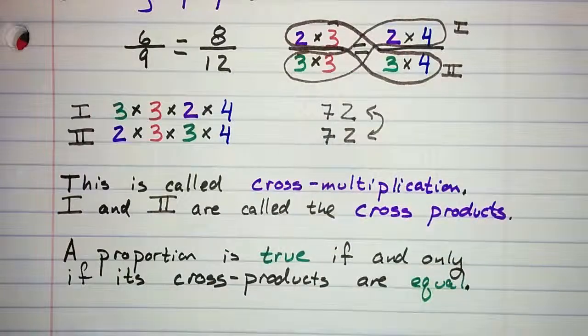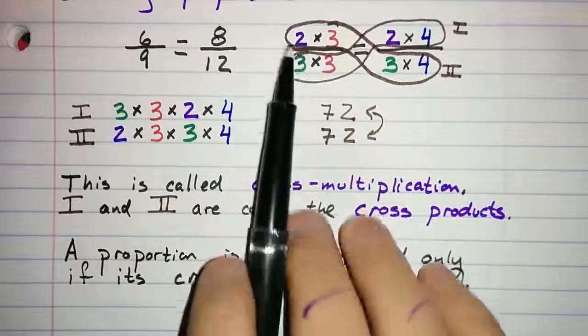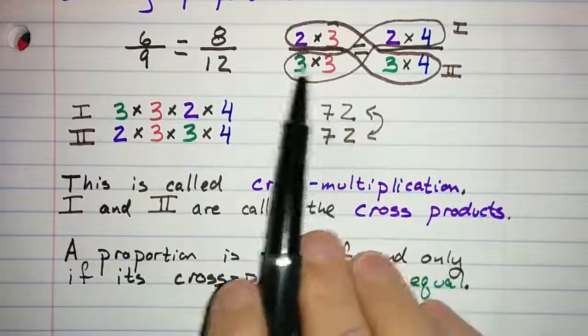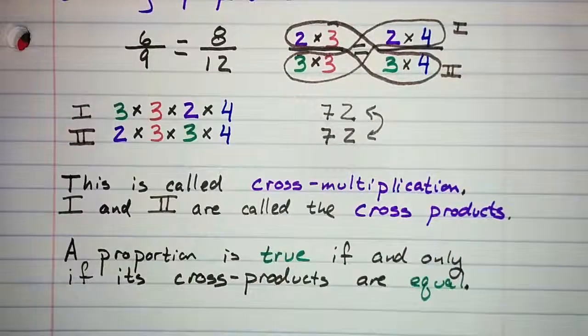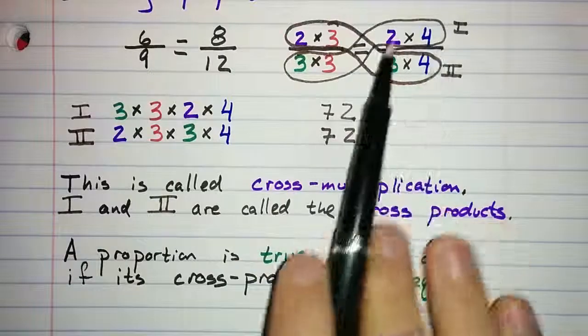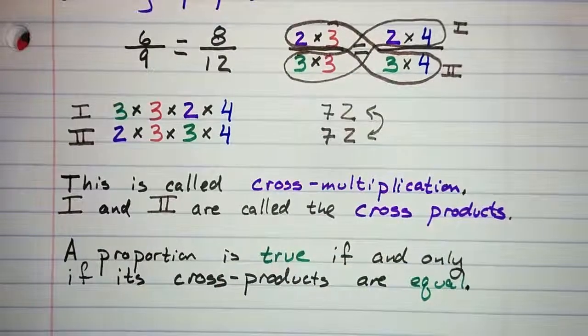The numbers might not be this nice in every proportion, but we'll always have these 4 numbers appearing assorted in this way. So to decide whether two proportions are equal, we can compute the cross products and see.